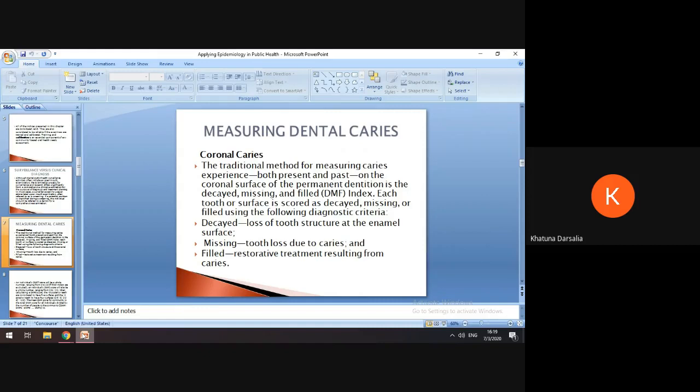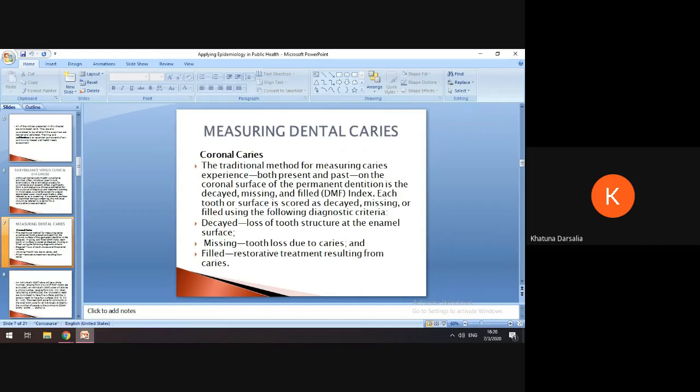When calculating this score, the 16 posterior teeth are considered to have 5 surfaces and the 12 anterior teeth to have 4 surfaces. The mean DMF score for a community is the total score for all individuals divided by the number of people in the community.